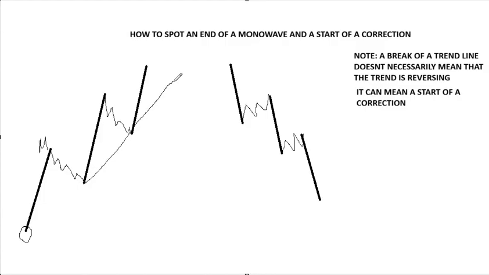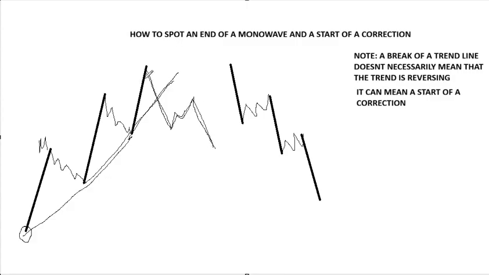So whenever we see a break of the trend line, a correction, then a move down, that means this trend line has been broken, and it means that now the market is in a correction wave.